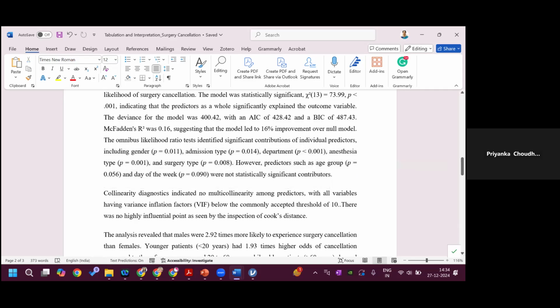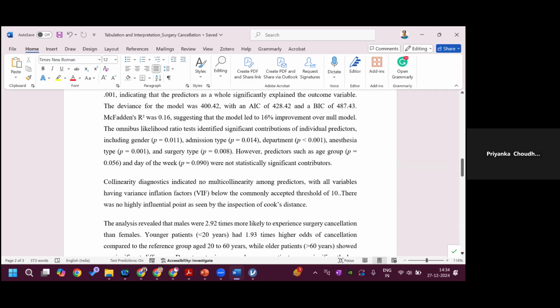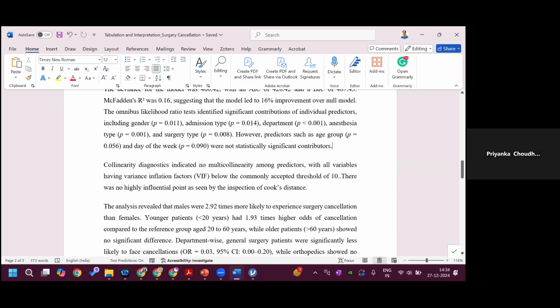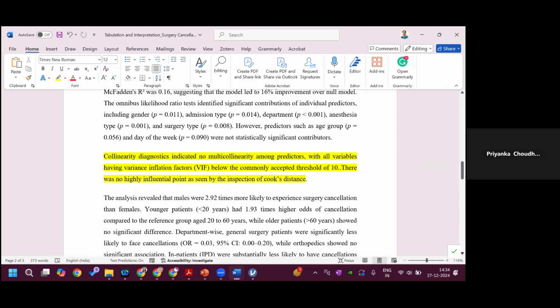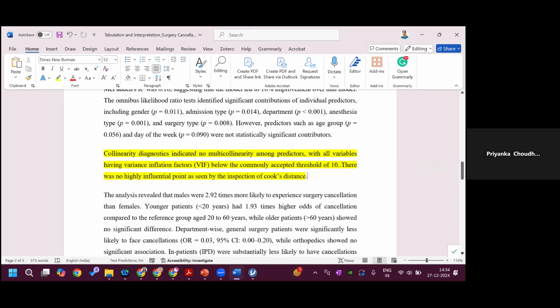However, predictors such as age group and days of week were not statistically significant contributors, as the p-value was equal to or more than 0.05. Collinearity diagnostics indicated no multicollinearity among predictors, with all variables having variance inflation factor VIF below the commonly accepted threshold of 10. There was no highly influential point as seen by inspection of Cook's distance.